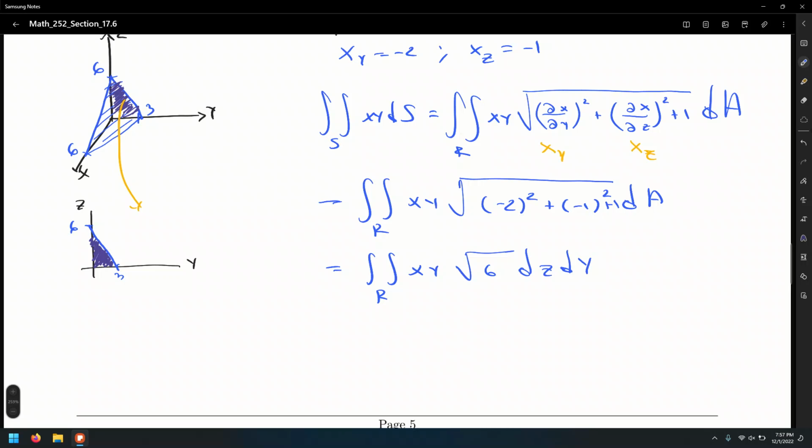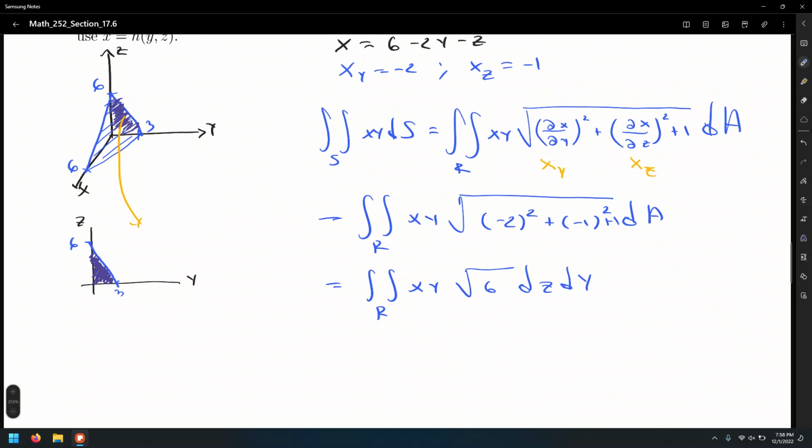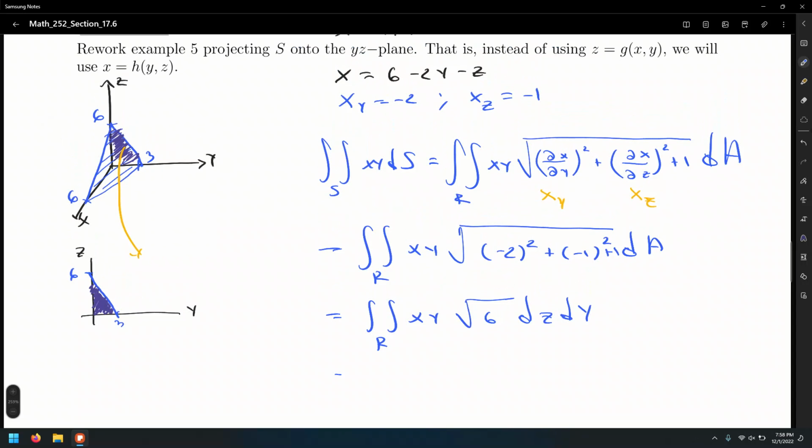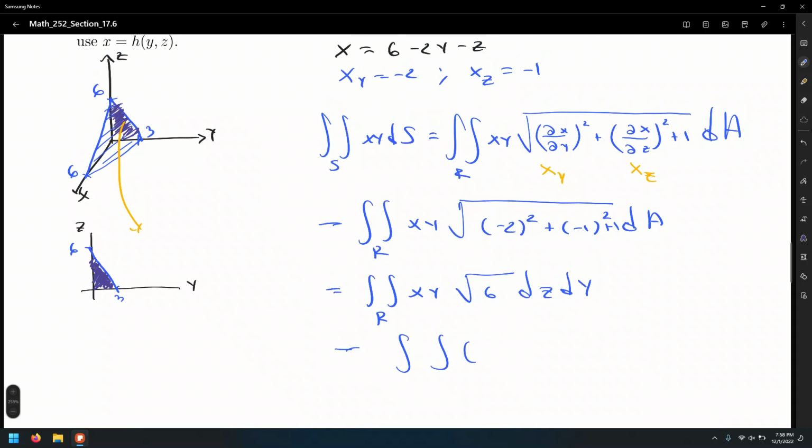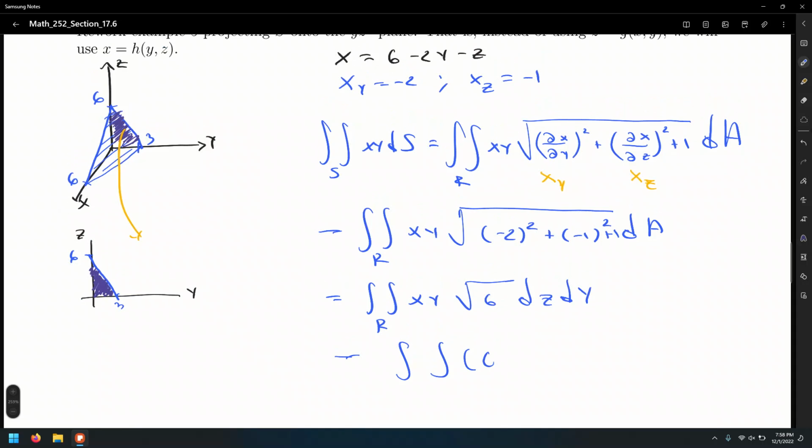We need to get rid of that x by writing it in terms of y and z. I'm going to leave space for limits already. So x is the function 6 minus 2y minus z, times y, square root of 6, dz dy.